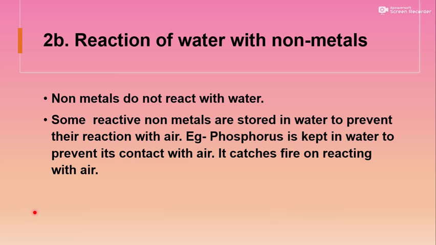Invert another boiling tube over the mouth of the first boiling tube and gently warm the lower tube over the flame of a Bunsen burner. This one is the second tube which is placed over this one tube. Why? Because the gases which will form can easily be collected in the second tube.